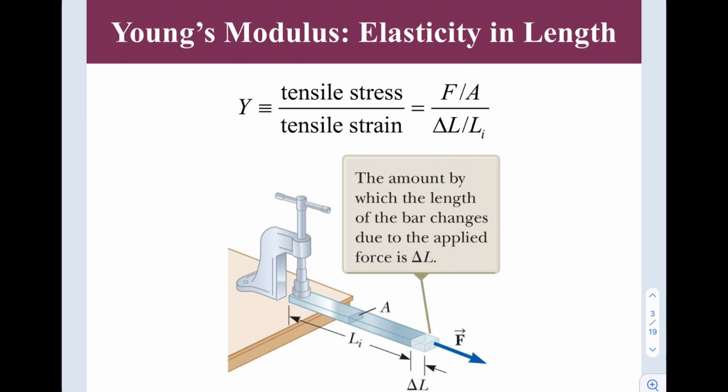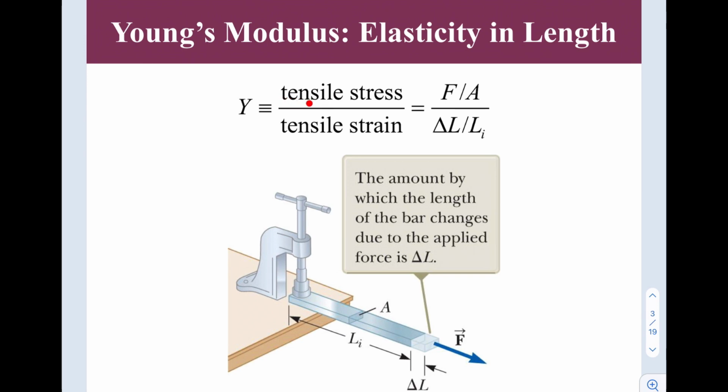So let's take a look at the details of Young modulus, elasticity in length. The symbol for Young modulus is capital Y, which is equivalent to the tensile stress over the tensile strain.